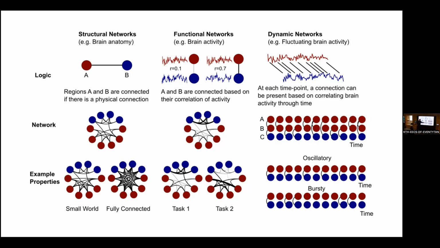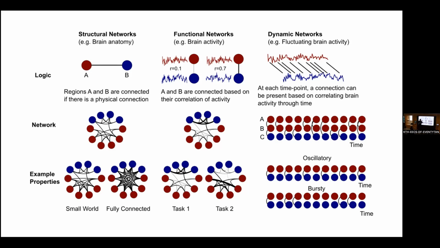Then you can impose different tasks when people are in the scanner, and you can deduce different properties. In this case, for this specific task, the blue network seems to be more within-network connected than the red one, and vice versa for the other task, and you can draw conclusions from that. The third step is to look at what we call dynamic networks, so fluctuating brain activity.